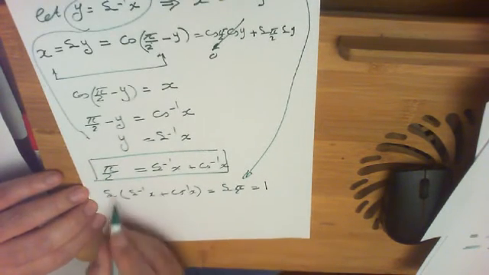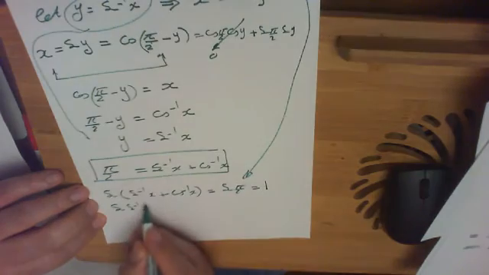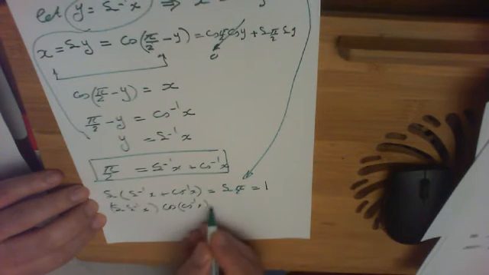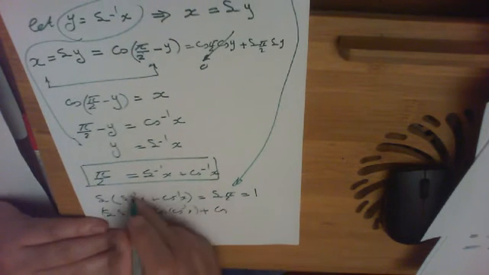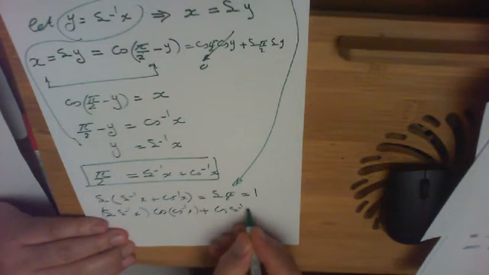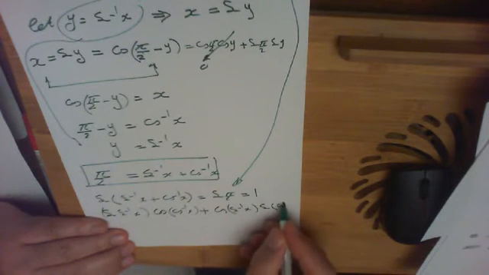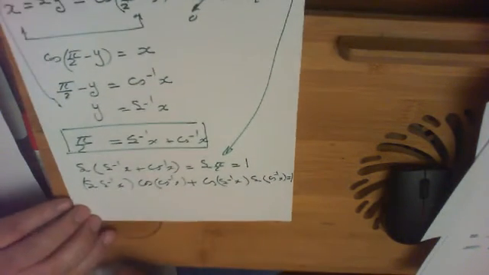Here, this is sine the first, cosine the second, plus cosine the first, sine the second. All this is 1.